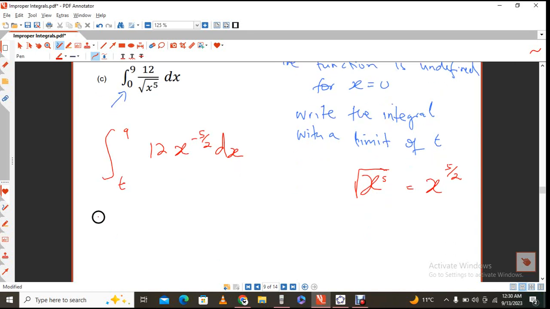So let me then integrate. That is going to be 12 x raised to the power, if you add 1 here, negative 5 plus 1 is negative 4 over 2, that's negative 3 over 2. So negative 3 over 2 from t to 9. Of course, 12 divided by negative 3 over 2.